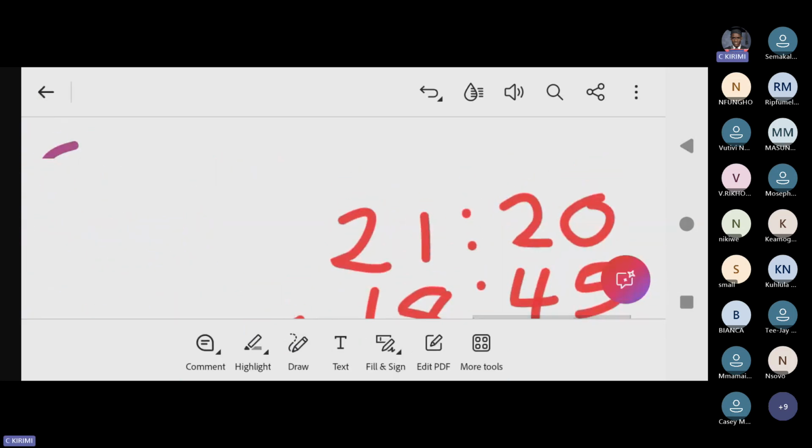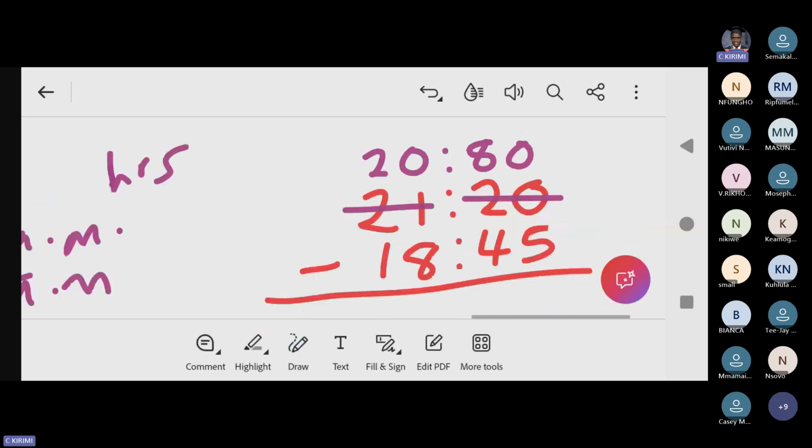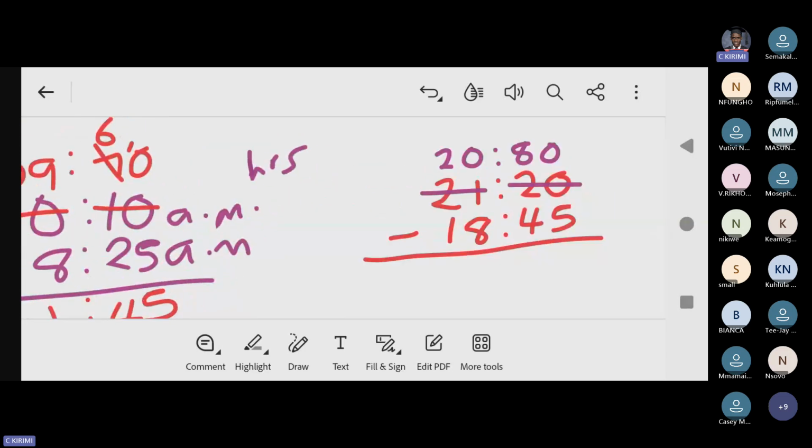Then you'll be left with 20 hours. So that 1 hour is equivalent to 60 minutes. So 60 plus the 20 we already have, which is 80 minutes. So we are having 20 hours and 80 minutes subtracting 18 hours, 45 minutes. Using the same method, 0 cannot subtract 5, so we are going to borrow.